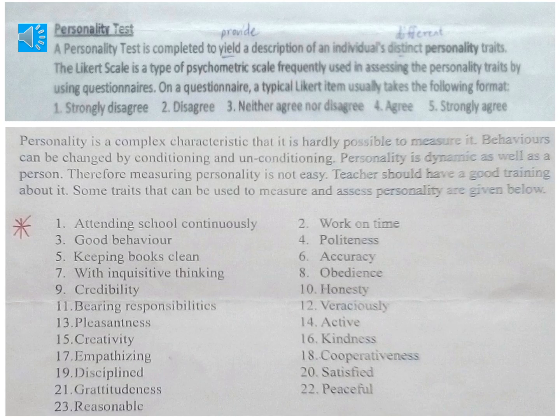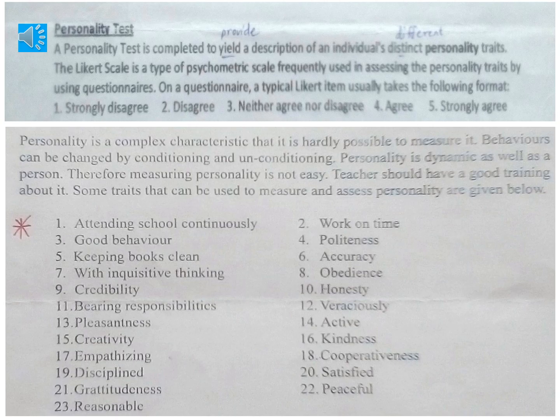Remember them. Personality is a complex characteristic that is hardly possible to measure. That's true, no? How can we measure one's bravery, honesty, politeness? We don't know whether that's true politeness or acting. And they change also.